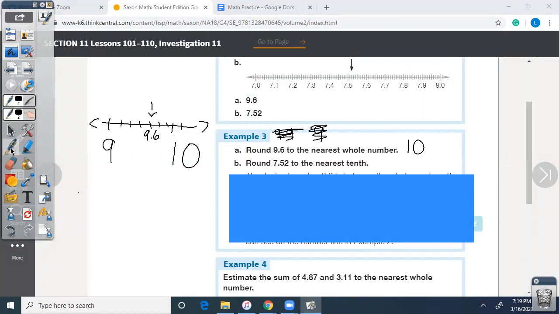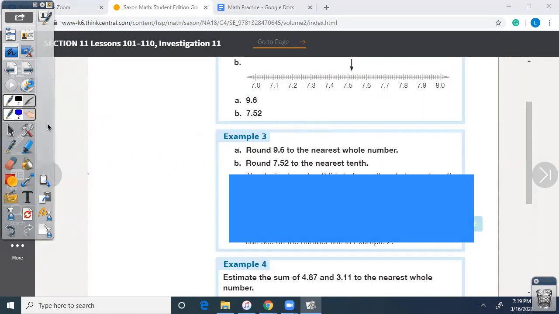All right, and letter B, the last one, we're going to round 7 and 52 hundredths to the nearest tenth. So this one we're rounding to the nearest tenth. So I'm going to underline in blue the tenth place. The tenth place is that 5 right there. So we're going to round to the nearest tenth.